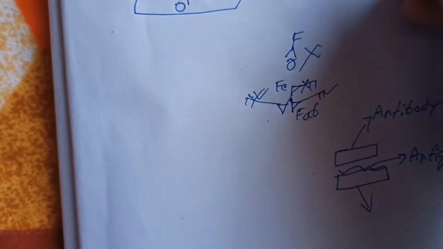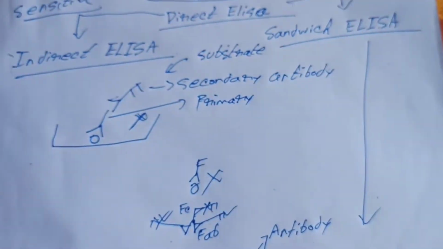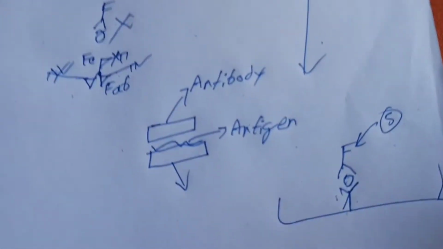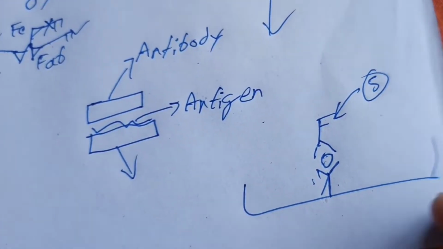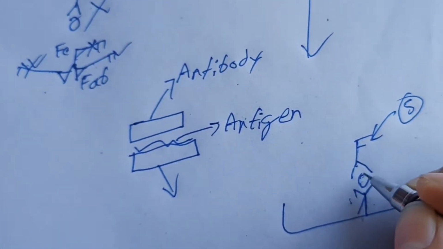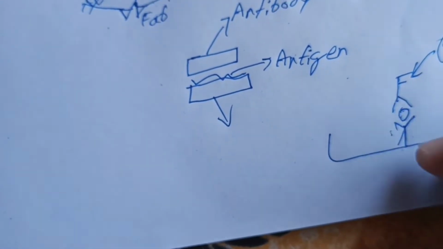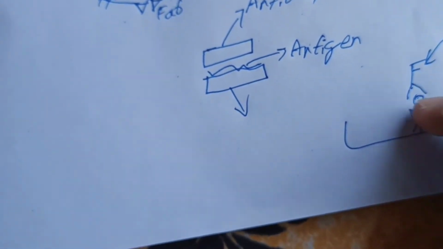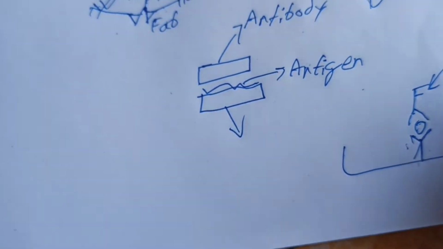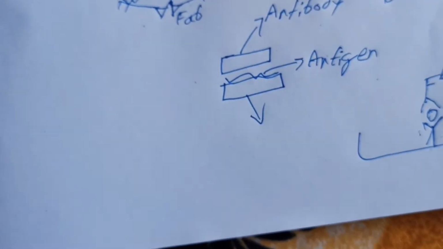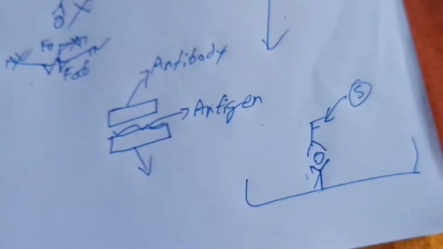And for the sandwich, why is it specific? Because on two sides, upper and lower, there is binding of antigen to antibody. So two antibodies specifically bind the antigen, and the antigen is specifically identified.